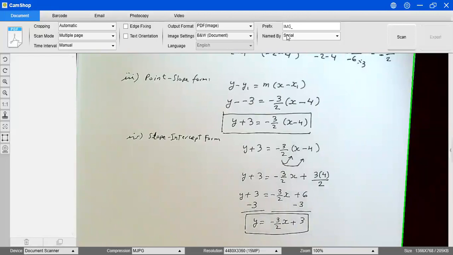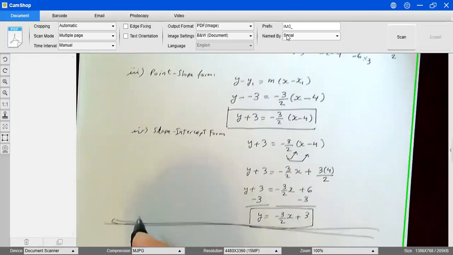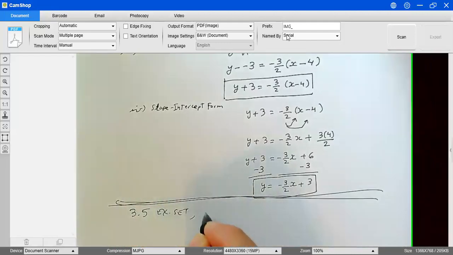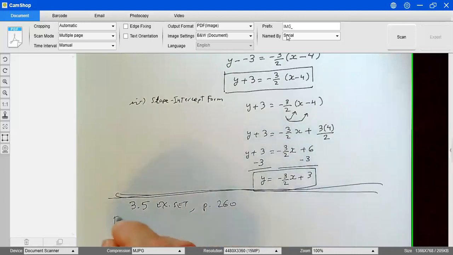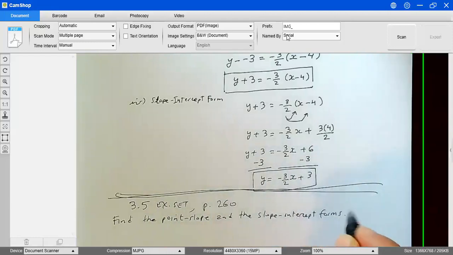So now you're going to work just 3 exercises. So this is on the 3.5 exercise set on page 260. So you're going to find the point slope and the slope intercept forms.